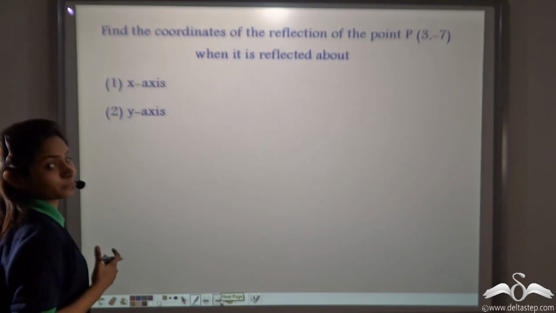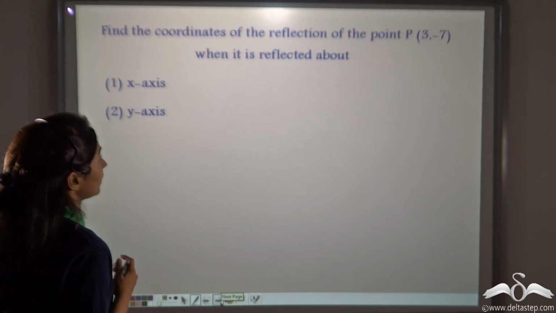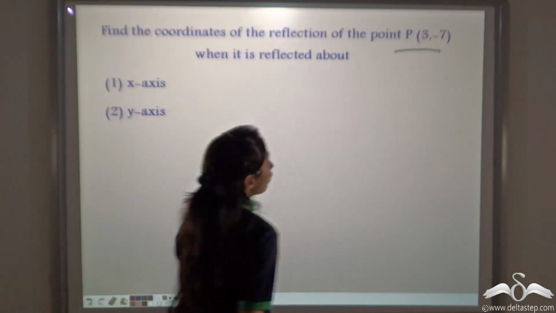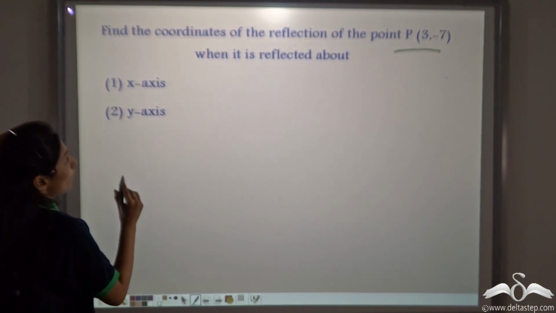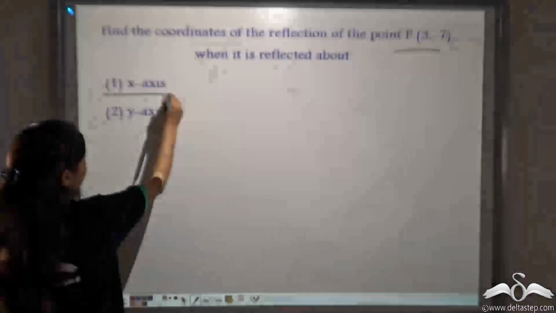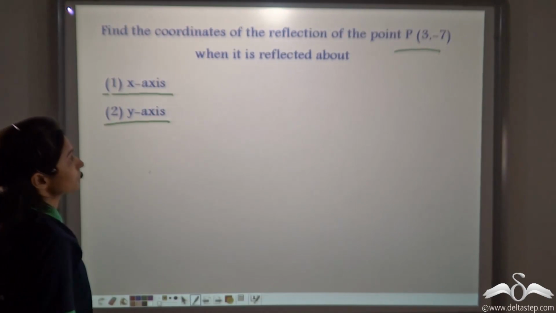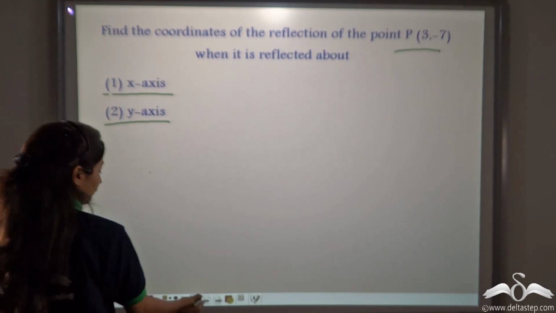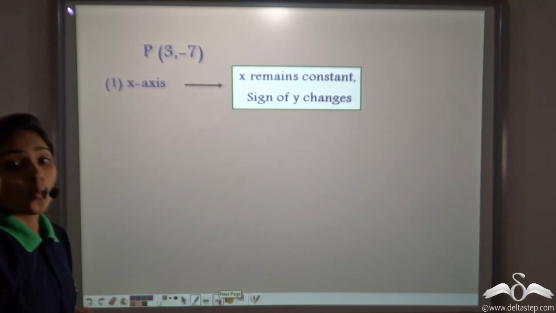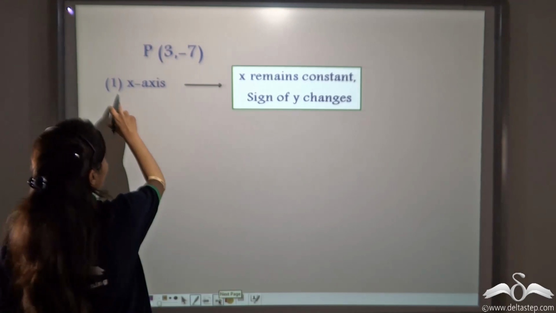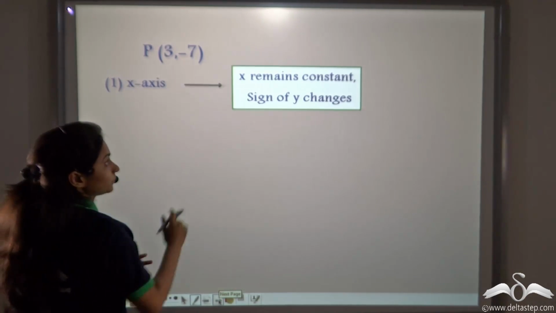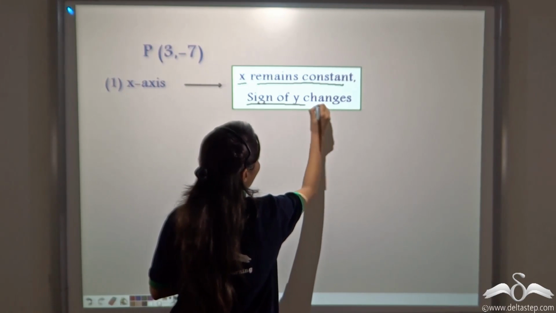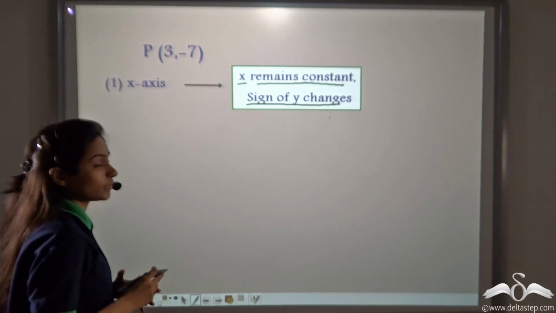Now solve this question. Find the coordinates of the reflection of the point P, which is (3, -7), when it is reflected about the x-axis and then the y-axis. Do it yourself. Now, when we reflect a point about the x-axis, what have we learned? X remains constant while the sign of y changes. We are talking about the coordinates.